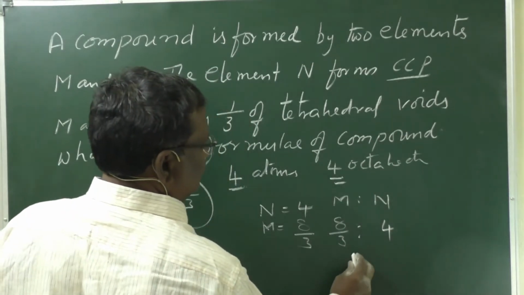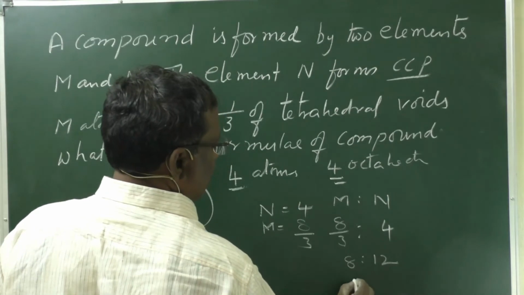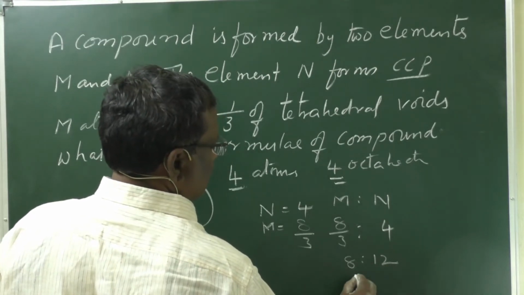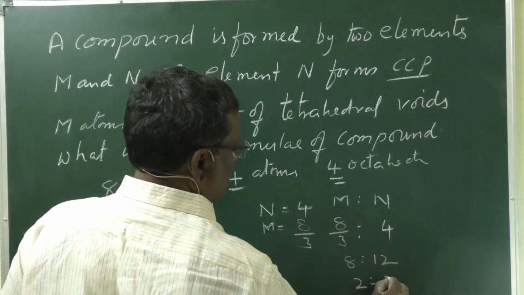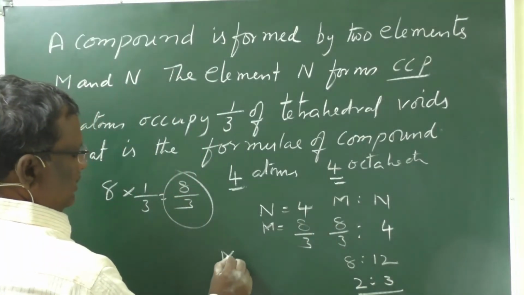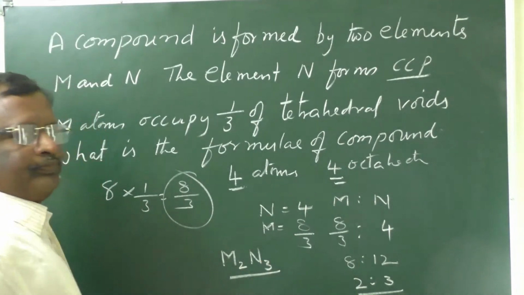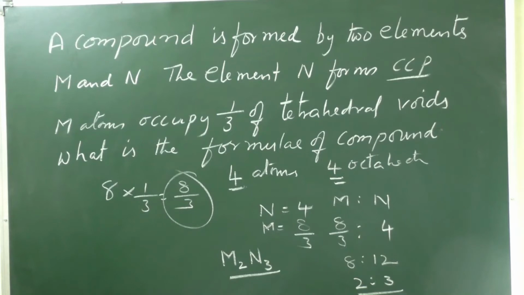That is 8 to 12, or 2 to 3. So the formula of the compound is M2N3.